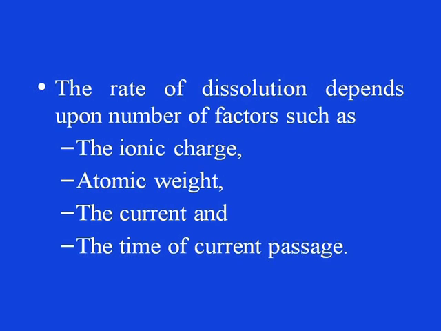The rate of dissolution depends upon a number of factors such as ionic charge, atomic weight, the current, and the time of current passage. The rate of dissolution is not influenced by the hardness of the workpiece material or any other metal characteristics.